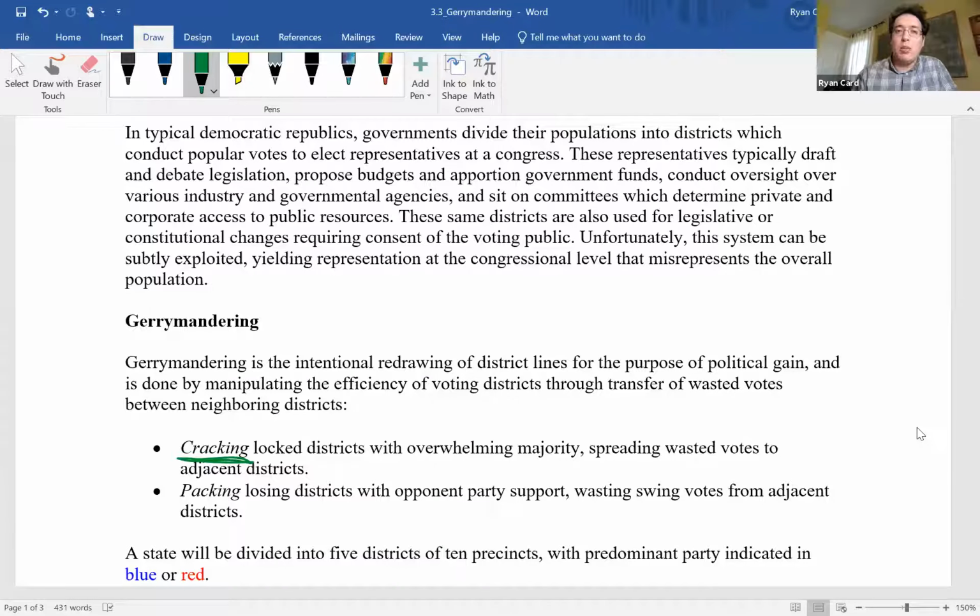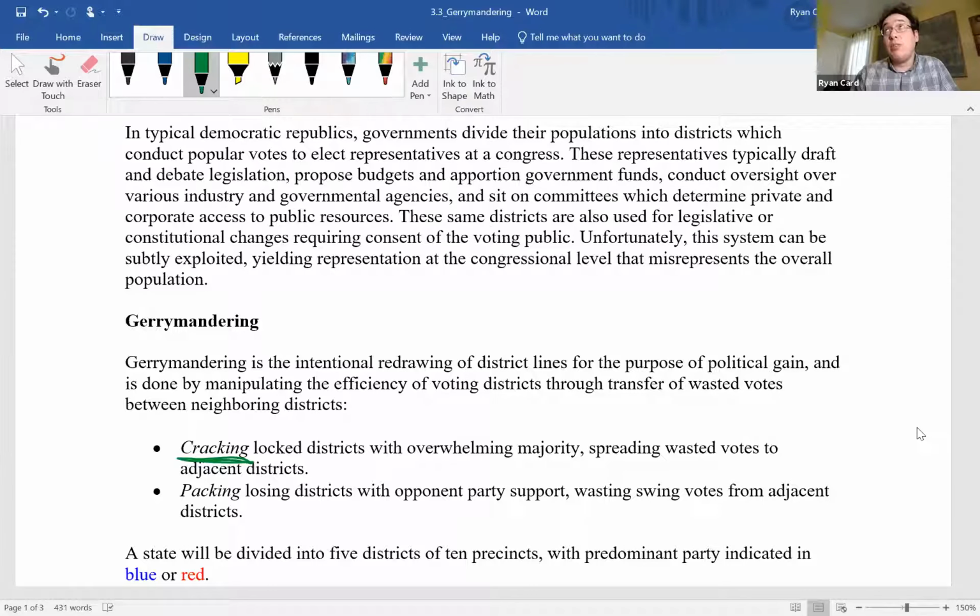So maybe you create a district where 95% of voters are going for one party. 95% is a big win for that party, but it's actually a lot of wasted votes, because you really only need 51% of the votes to get a representative for that side.